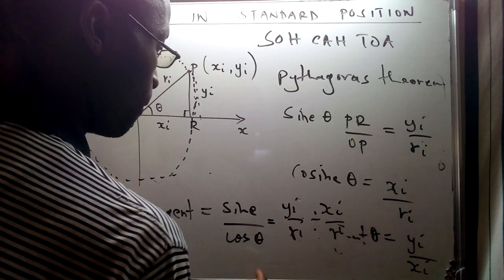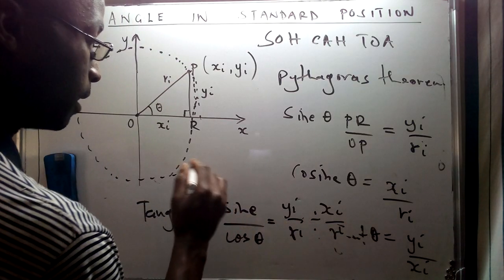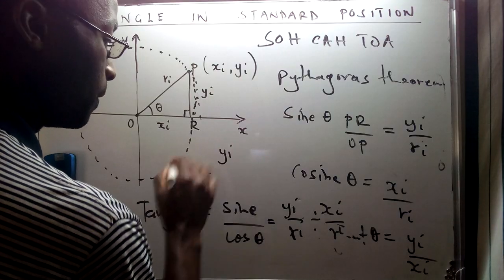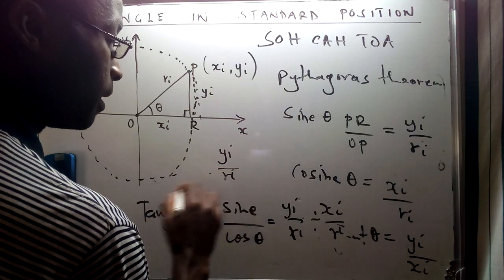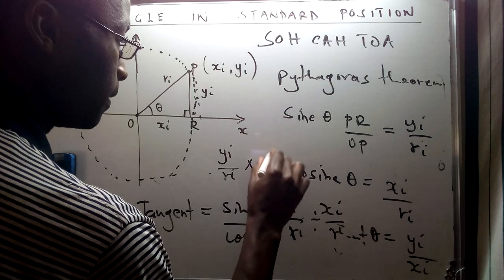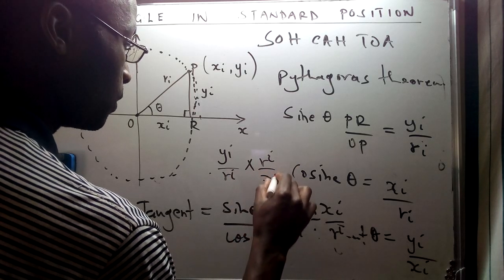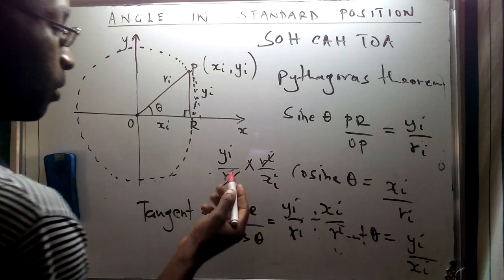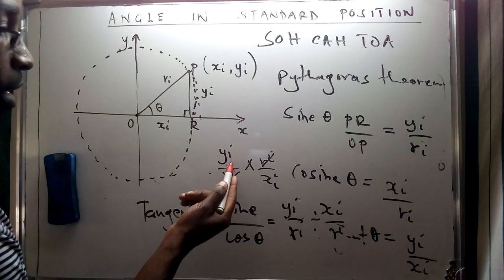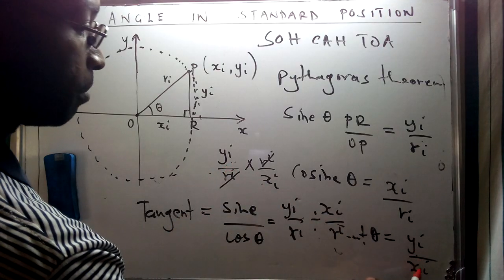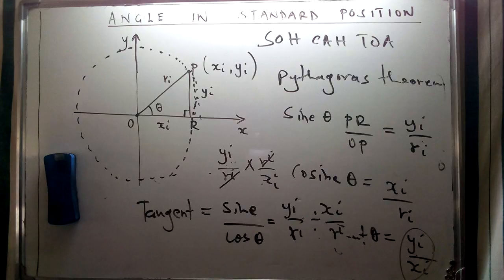Therefore, we have YI over RI times RI all over XI. So RI is going to cancel, and we're going to have the ratio YI over XI, which defines the tangent of theta. So we can define the tangent of theta using the ratios of the sine of theta and the cosine of theta.